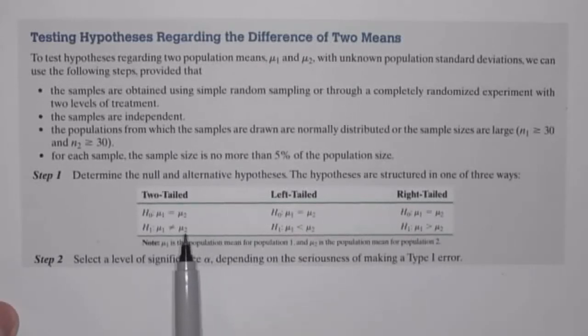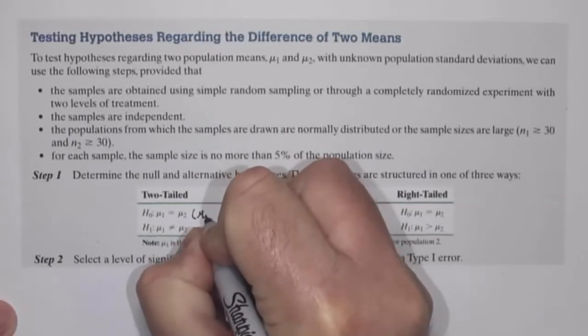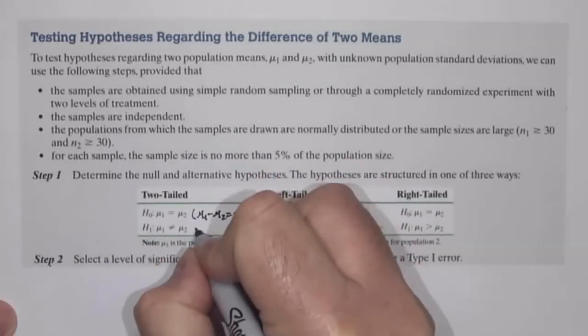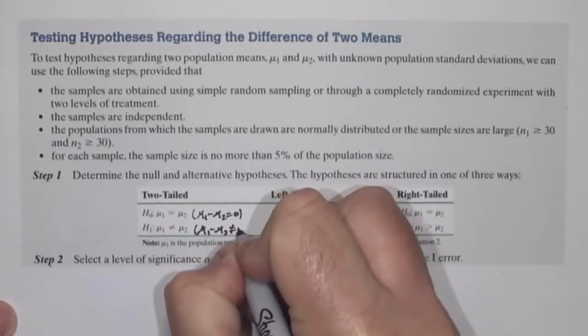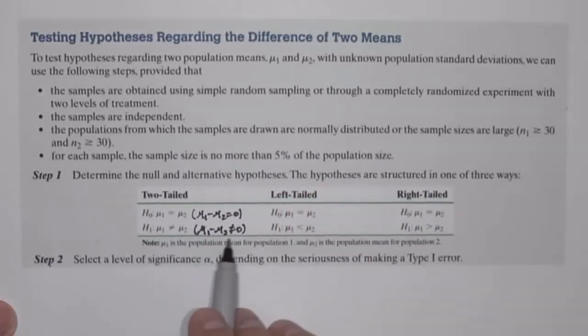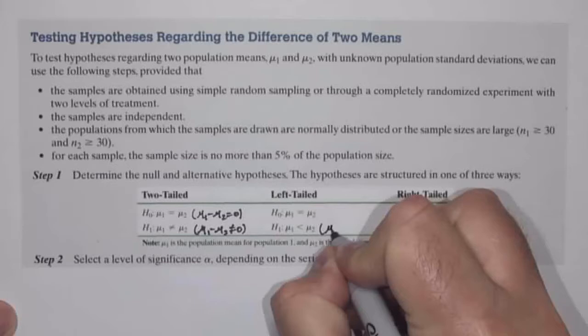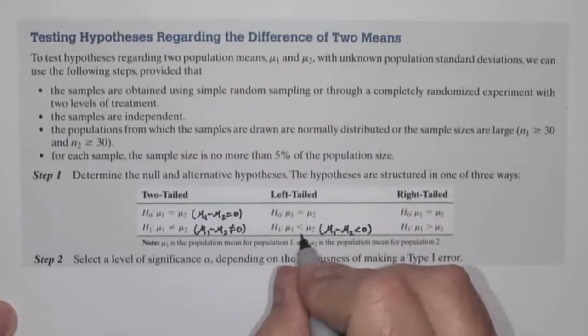And just like we looked at when we were dealing with proportions, this may also be structured as mu1 minus mu2 equals 0 versus mu1 minus mu2 is not equal to 0. So it may take that form, and this is how we'll see it in StatCrunch. And likewise, this might be mu1 minus mu2 is less than 0. That's equivalent.